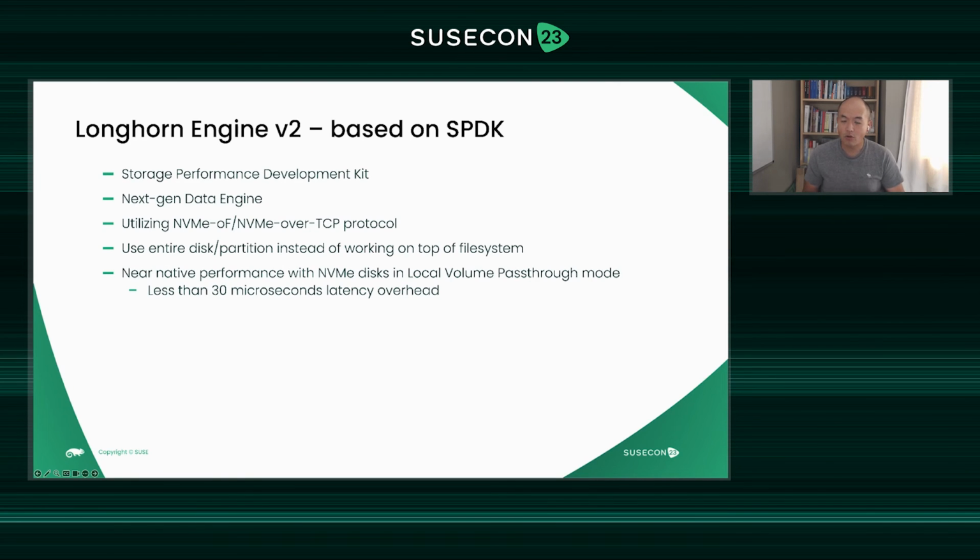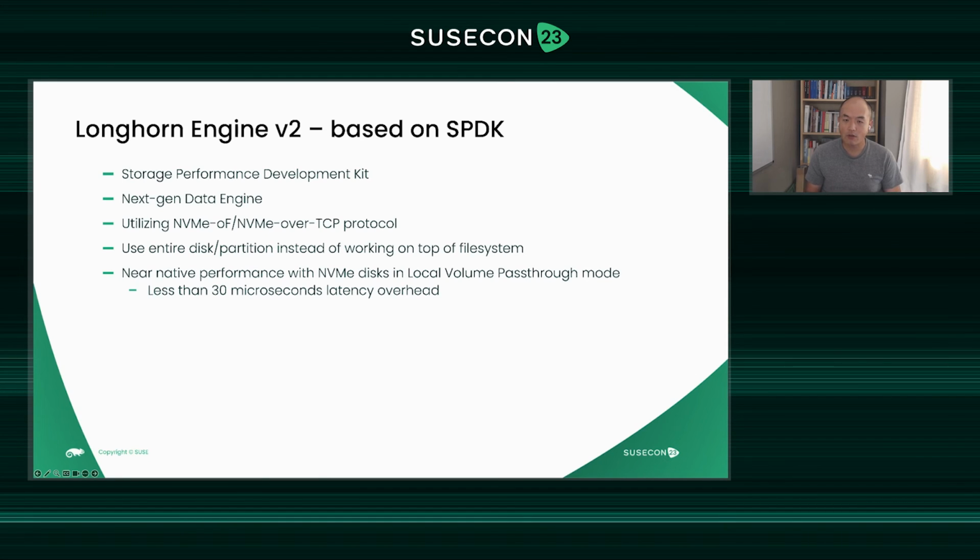So the Longhorn engine v2 is created based on the Storage Performance Development Kit created by Intel, and is our next generation of the data engine. As I briefly mentioned, Longhorn is using the iSCSI protocol for exposing the block device, and Longhorn in fact has its own private protocol for data transfer on some of the data paths.